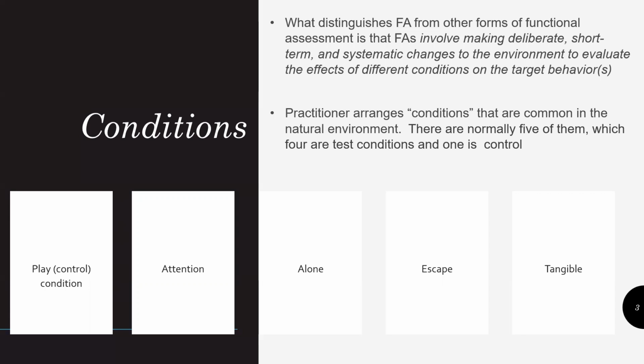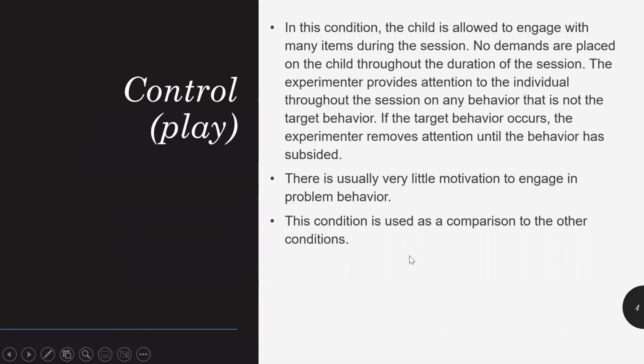The name already says what each one means. If you know about attention, escape, tangible, alone, you will easily understand what each one is and how each one works. The conditions are attention, alone, escape, and tangible.